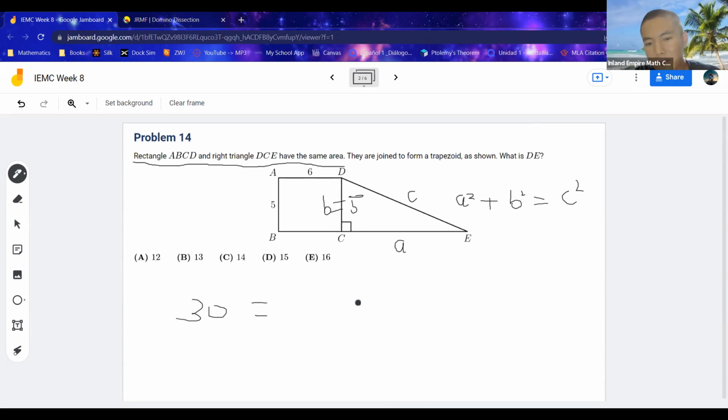Well, not quite, because we want to set up an equation here involving A so that we can solve for A and find out what it is. Does anyone know how to find the area of a triangle given its base and its height?